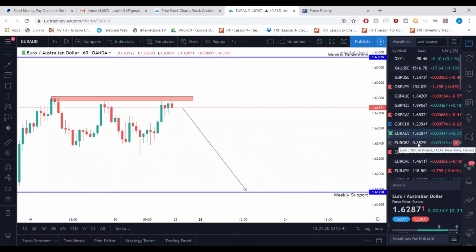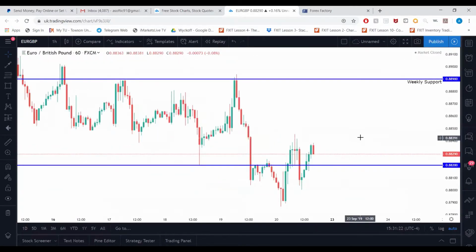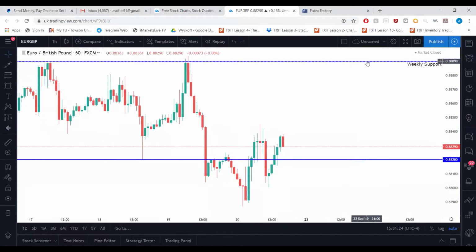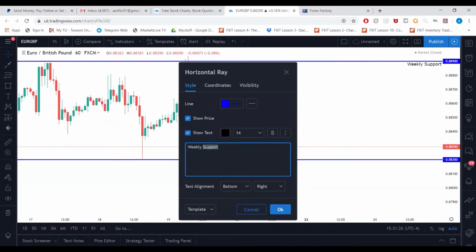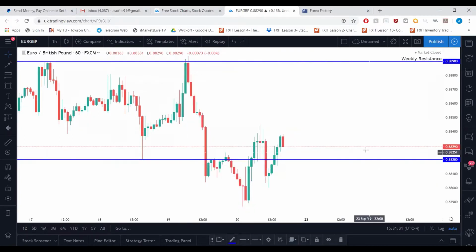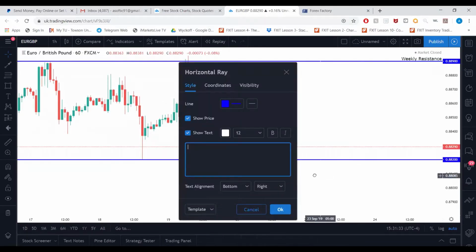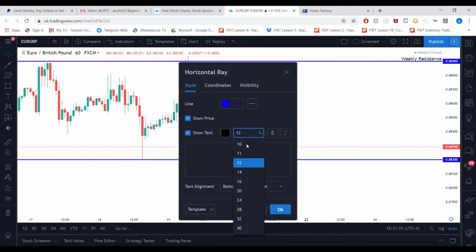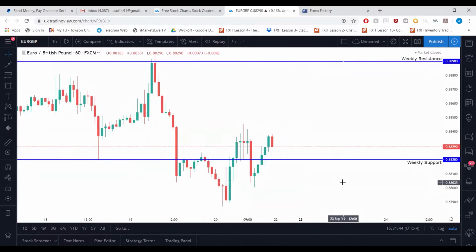So yeah, Euro GBP. All right, that's weekly resistance. Haven't traded this one in a while too. There we go. This is weekly support. Perfect. All right, and this is looking nice.